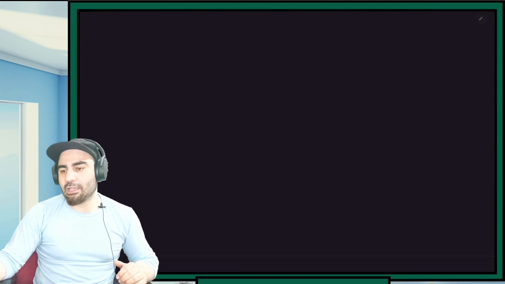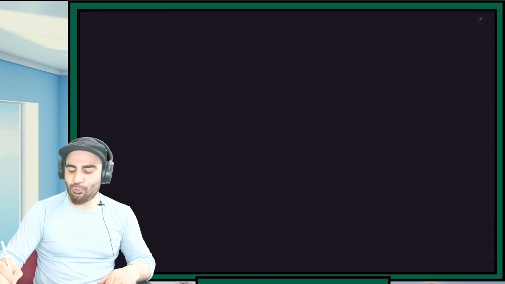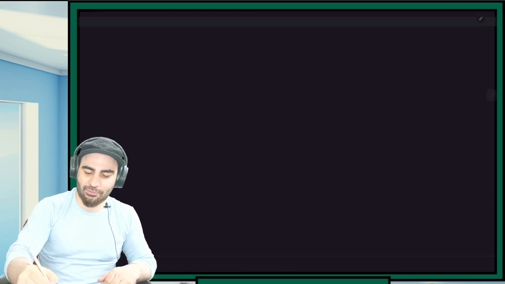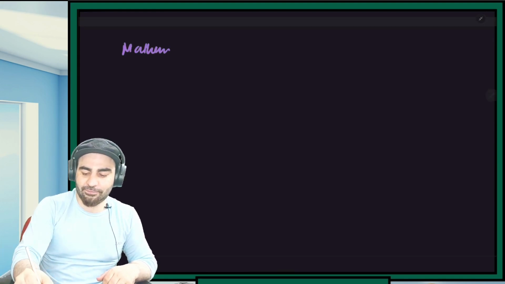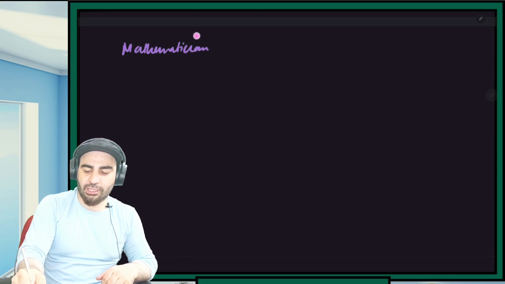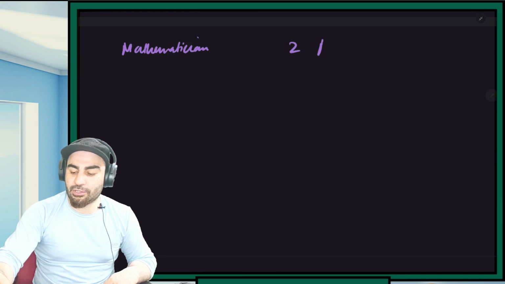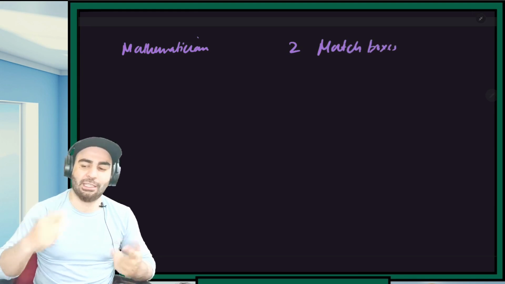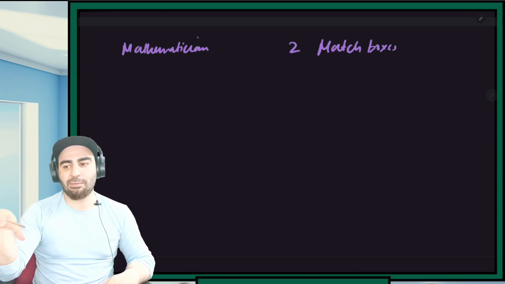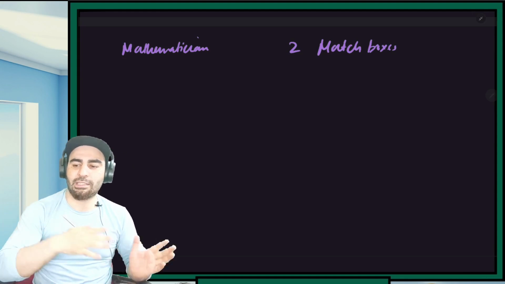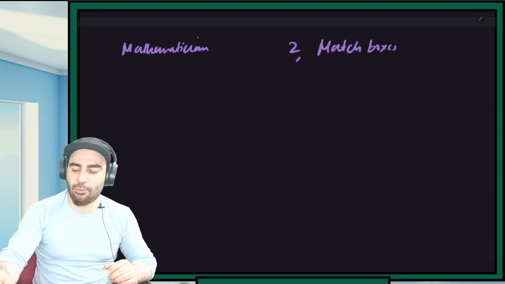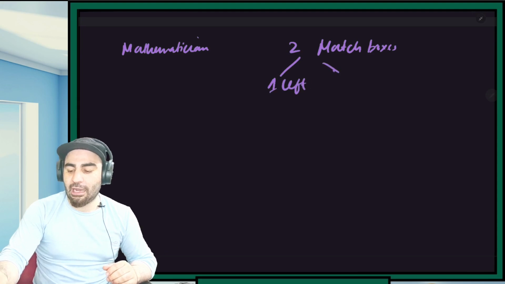The problem goes like this. We have a mathematician who smokes cigarettes. This mathematician carries two matchboxes, because he has to light up the cigarette or a pipe. At all times he carries two matchboxes, one in his left pocket and one in his right pocket.